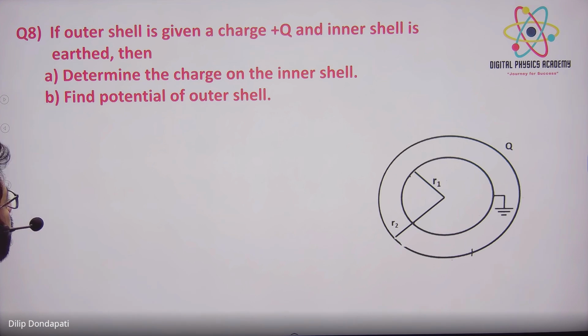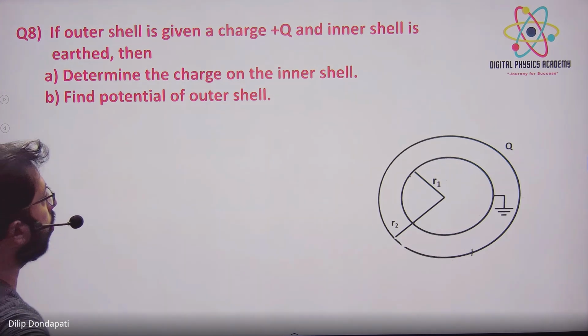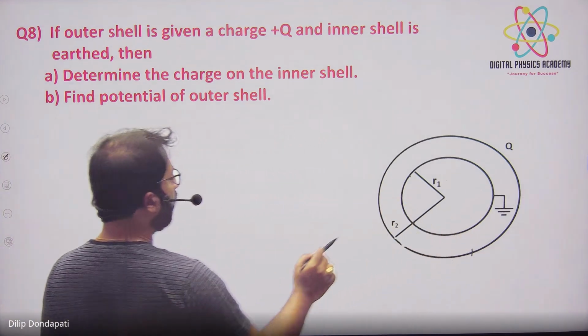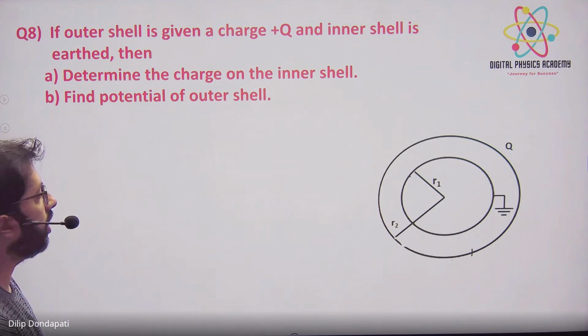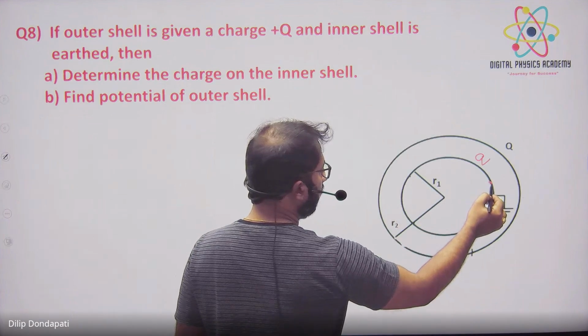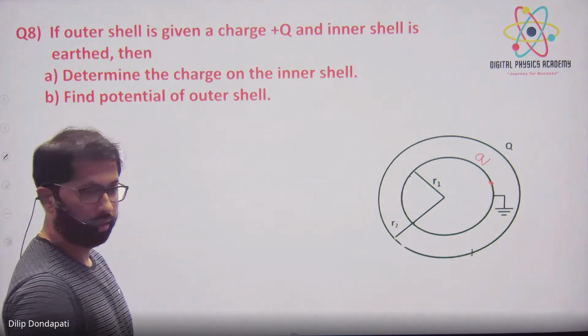If outer shell is given a charge capital Q. Now outer shell I am giving, inner shell is earthed. R1, R2 radius. Determine the charge on inner shell. Okay. Small q1. Inner shell with charge is a surface point. Okay.